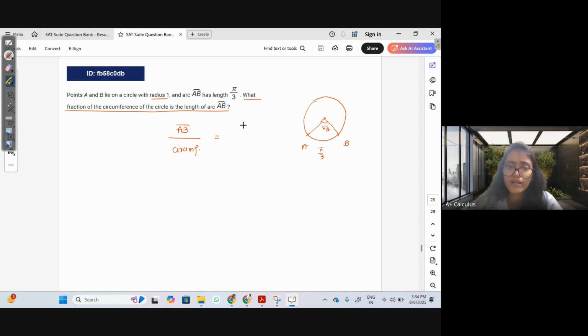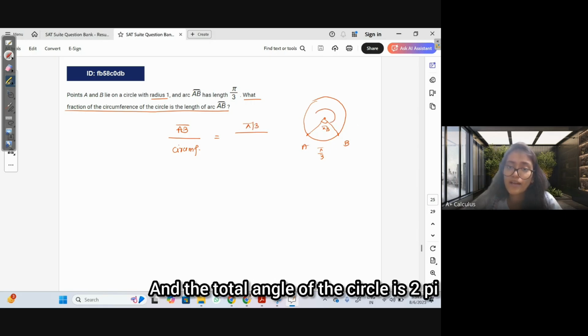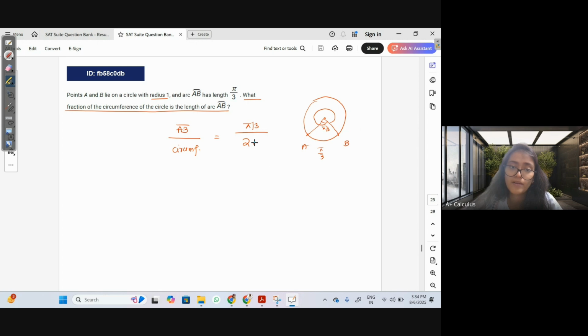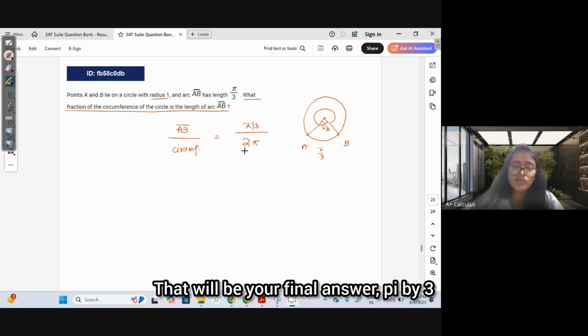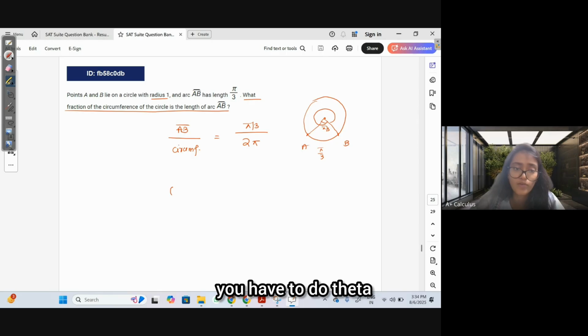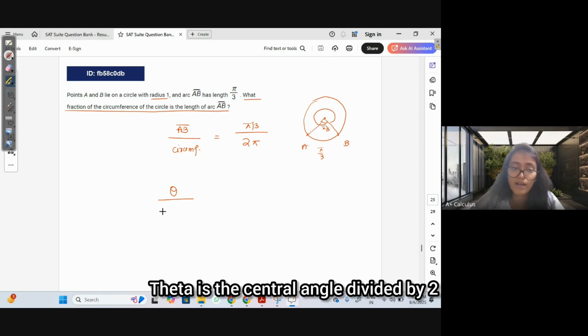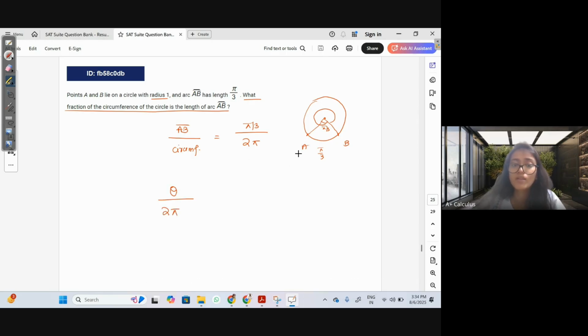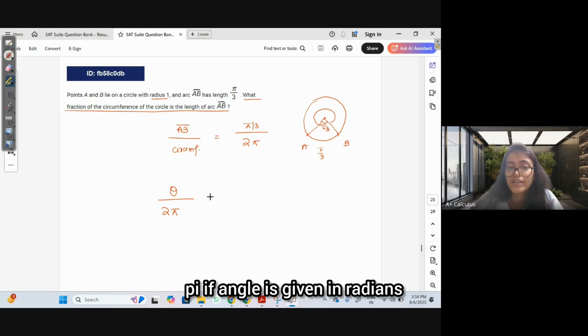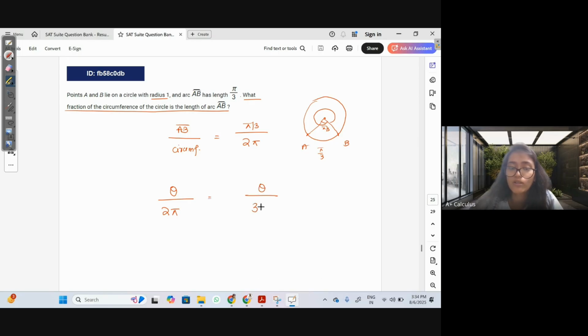Pi by 3 is the angle, and the total angle of the circle is 2 pi. So the fraction theta is the central angle divided by 2 pi, if the angle is given in radians. Otherwise, you have to do theta over 360 if the angle is given in degrees.